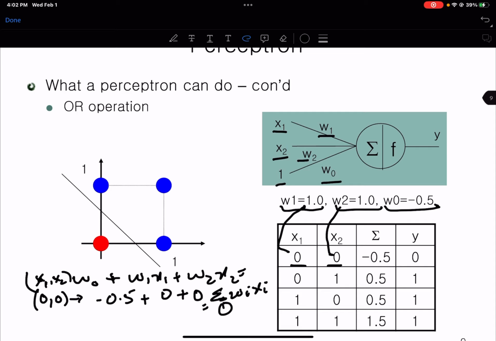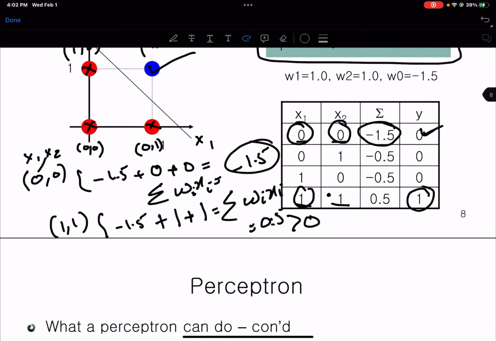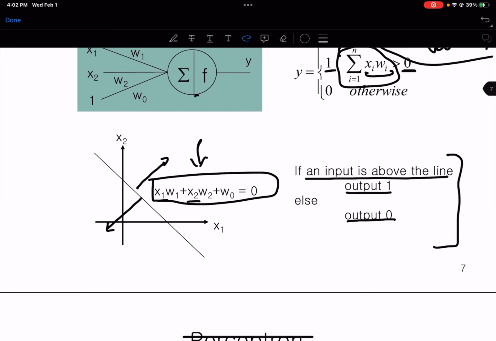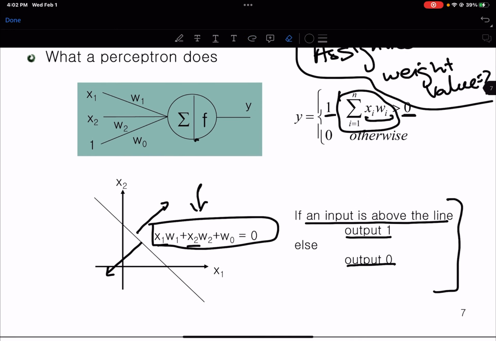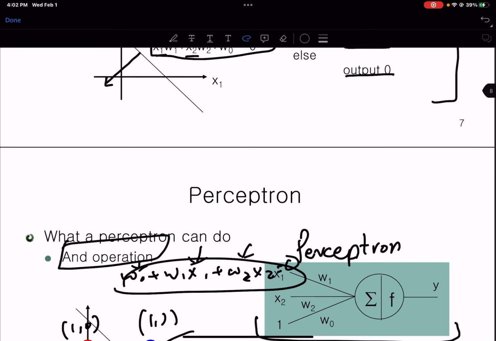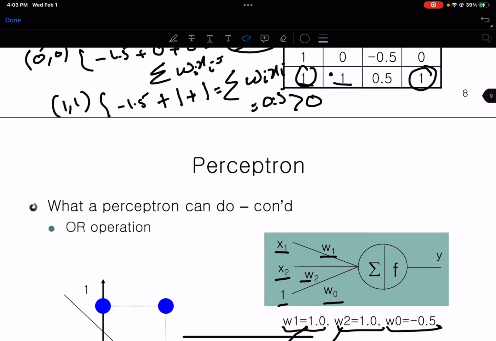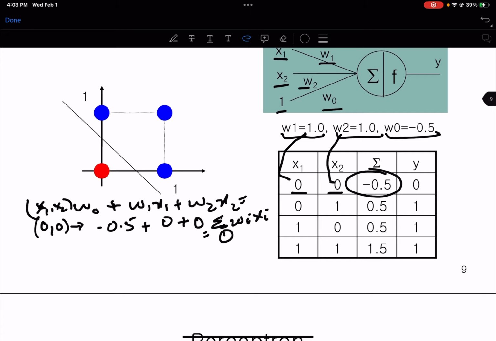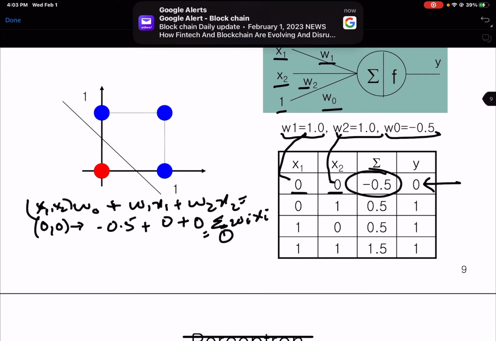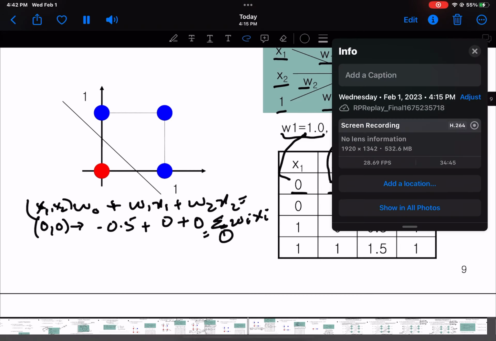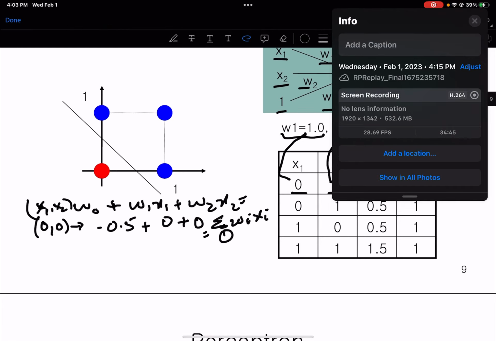So again summation is minus 0.5. Let's look at the function. So if the summation is greater than 0, only then we can assign a 1 to y. So for this first input, we will have y equals to 0.